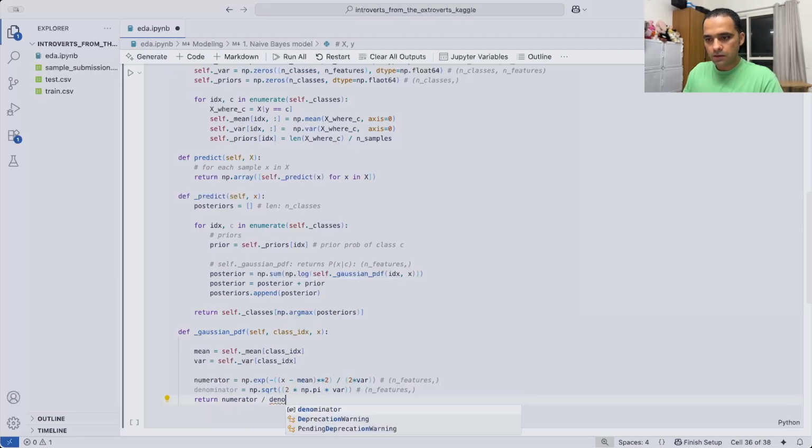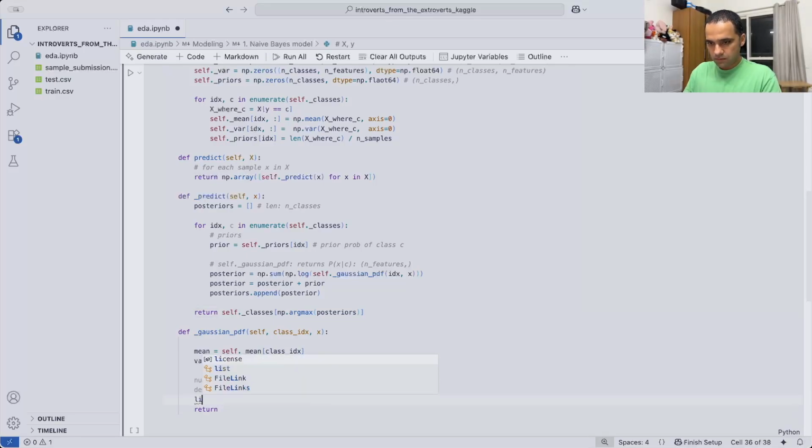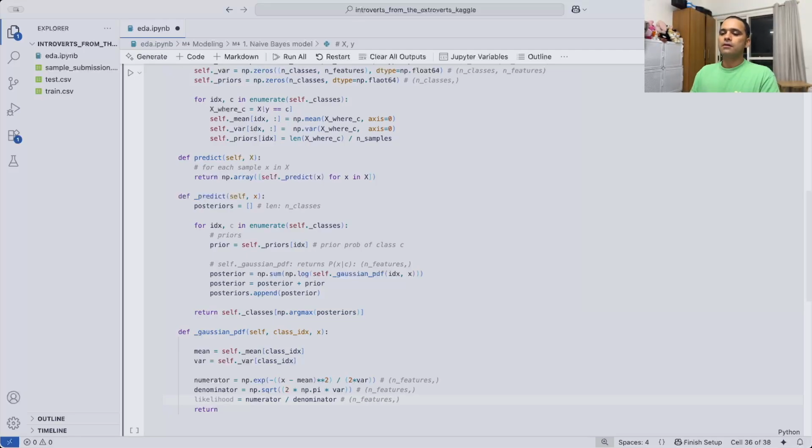So I will need to return numerator divided by denominator, and this will be the likelihood, a vector of size number of features, wherein for a particular class you have a likelihood of each of the features in that example, and we return likelihood.